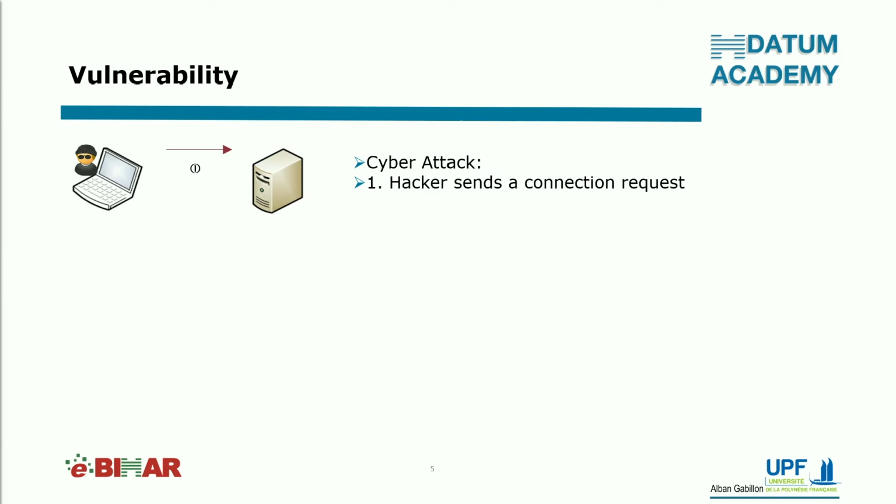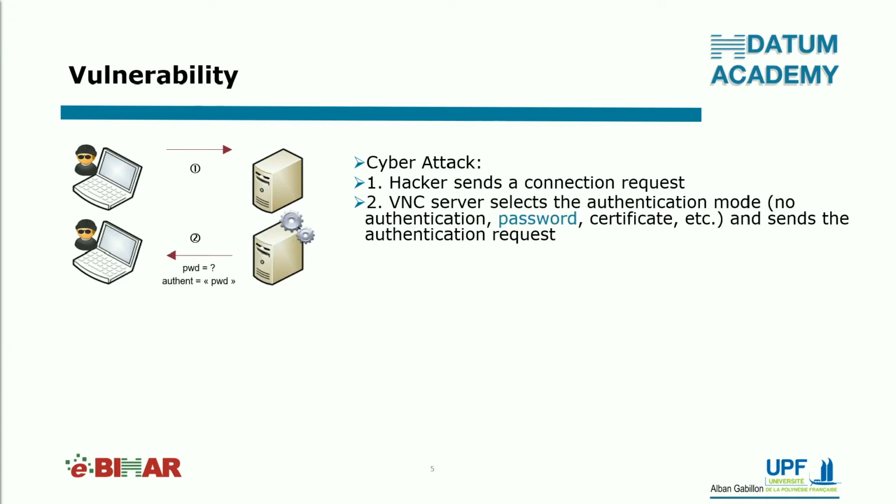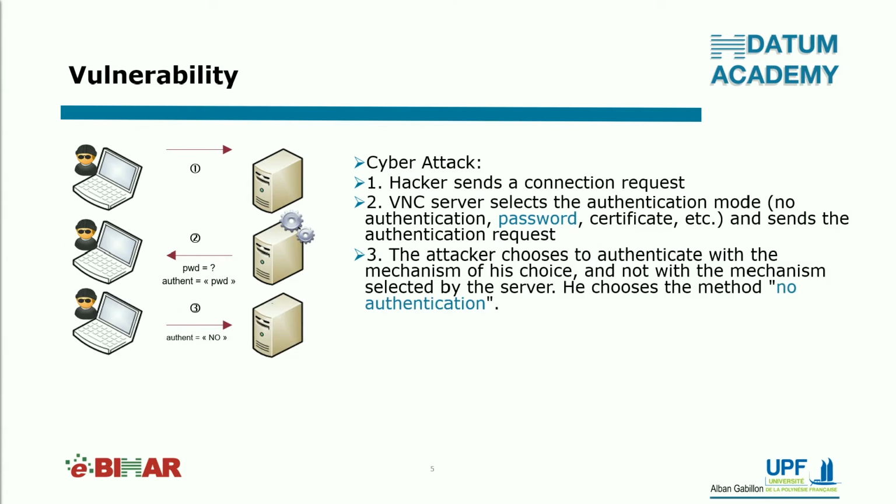So first, the hacker sends a connection request. The server selects the authentication mode for which it has been configured. Assume it has been configured to ask the client to provide a password. You can see here that the server asks the client to provide a password. The attacker does not respect the instructions and selects the mode No Authentication.